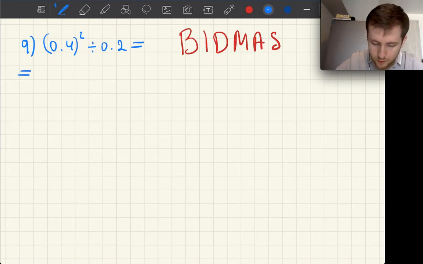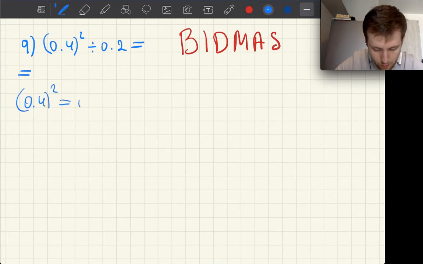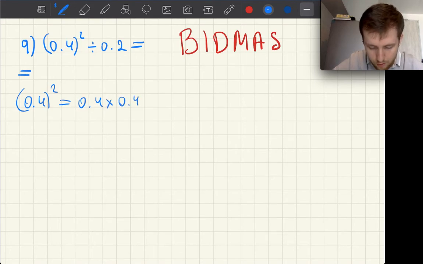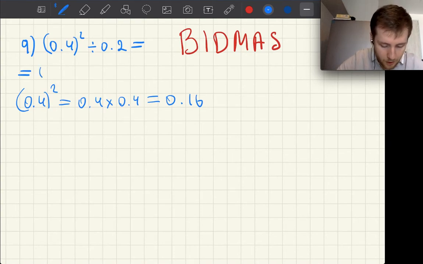So 0.4 squared is equal to 0.4 times 0.4, which is equal to 0.16. So we're gonna have 0.16 divided by 0.2, which is, we can move the point.